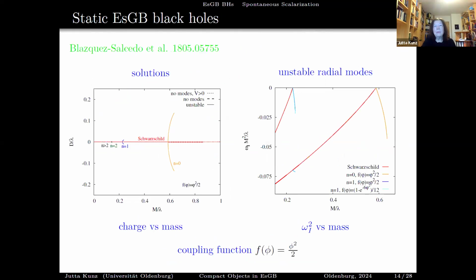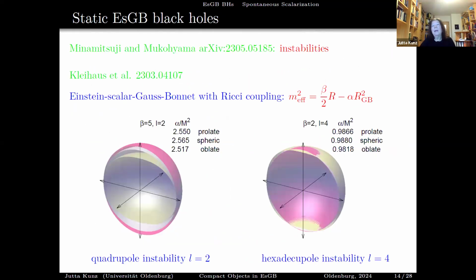For this one here, it was in fact a cosmological motivation: if you just use the Gauss-Bonnet, then you might end up in the universe today with some non-vanishing scalar field.